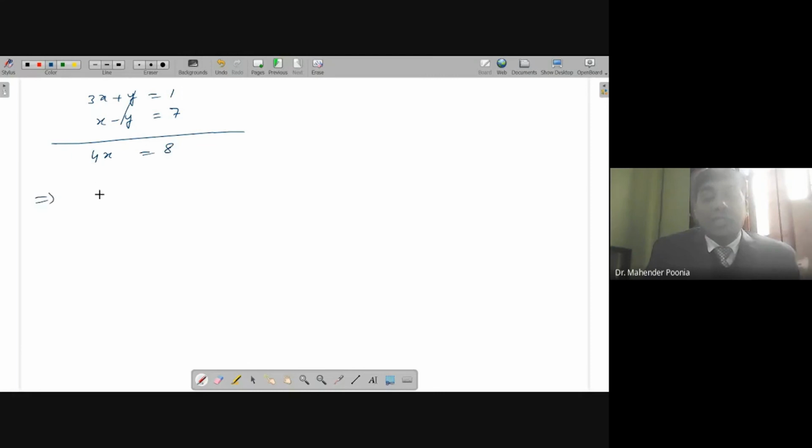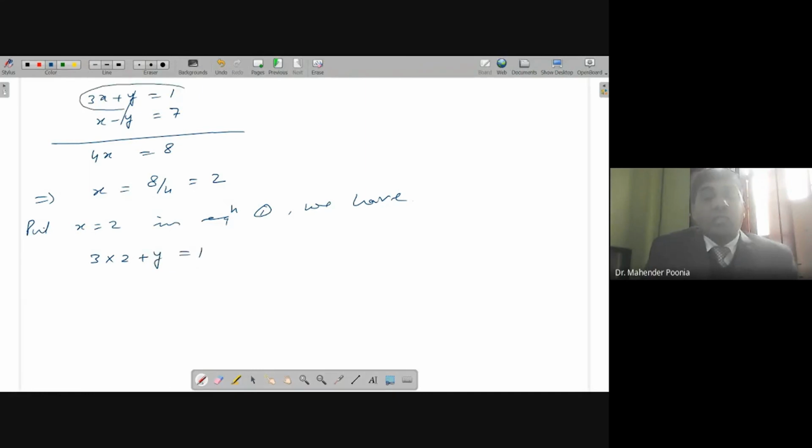This implies x is equal to 8 by 4 is equal to 2. Put x is equal to 2 in equation 1. We have 3 into 2 plus y is equal to 1. Because this is equation 1, 3x plus y is equal to 1.